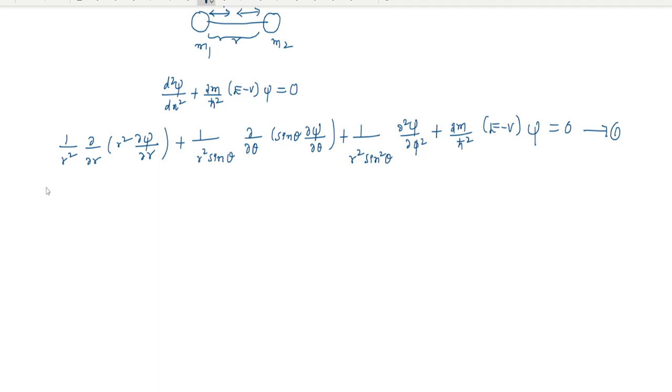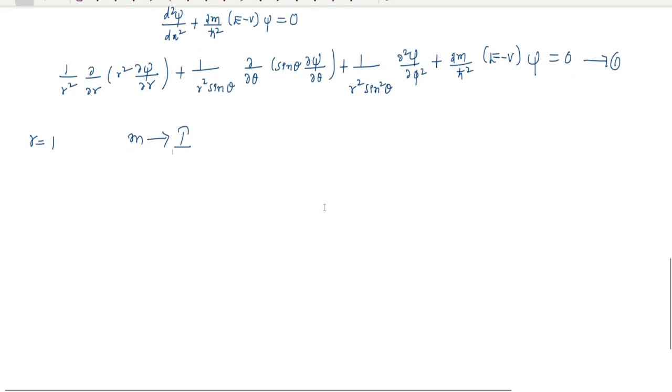Remember, this is the rigid rotator problem we are solving, so the potential energy is 0. Then we need to use r equal to 1 here, and the mass m may be replaced by the moment of inertia I. Therefore, the Schrodinger wave equation for the rigid rotator becomes like this.